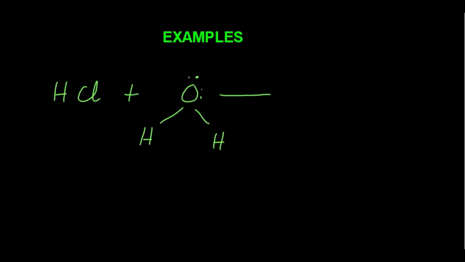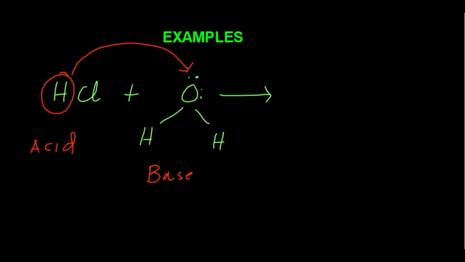Now here in this reaction, HCl is a Bronsted acid. Why? Since HCl is a proton donor. So that's why HCl is a Bronsted acid. While water is a proton acceptor. That's why water is a Bronsted base, or simply we can say it is a base.